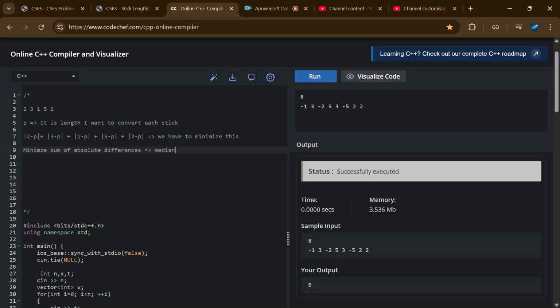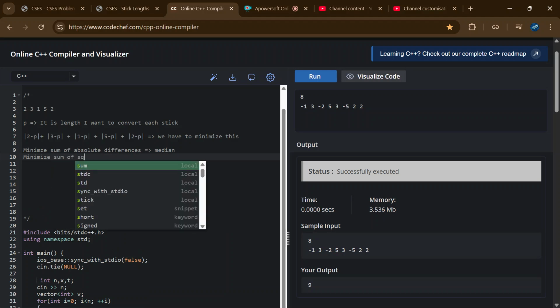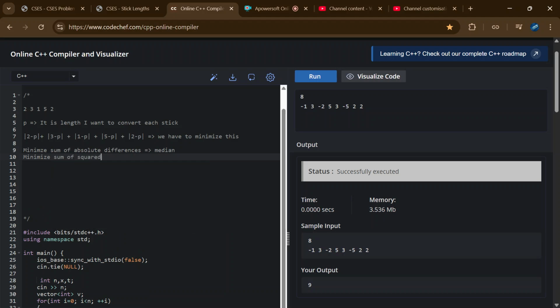I will prove it to you. And if we want to minimize the sum of squared differences, what can you use? The mean.